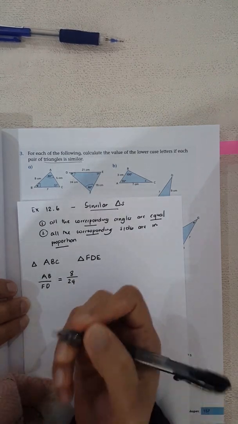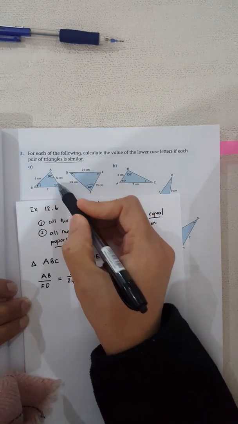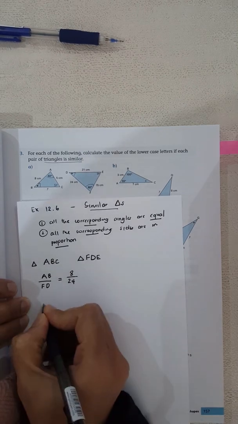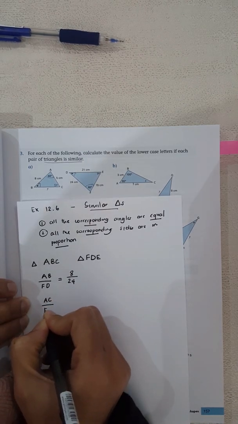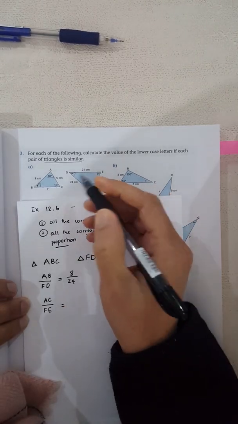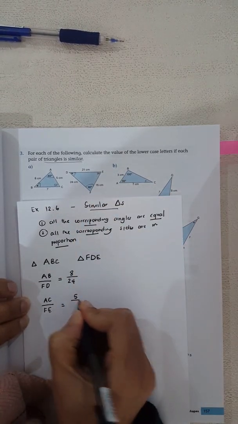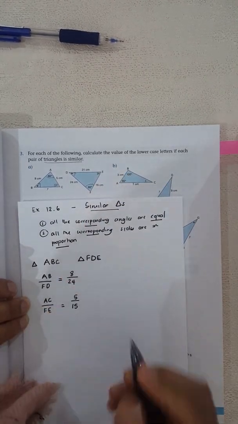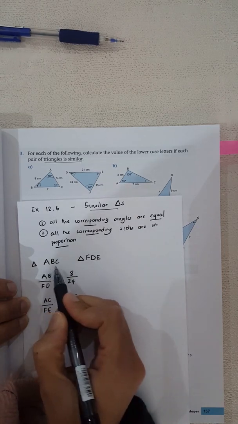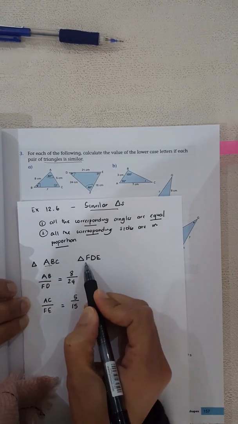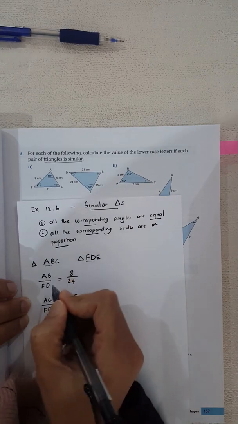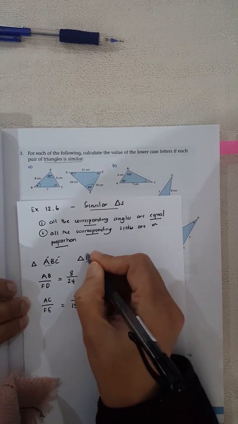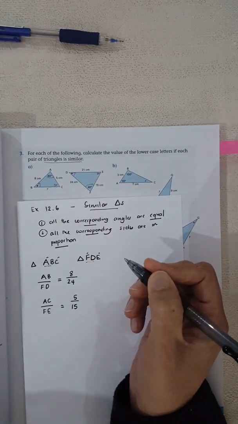Now we're taking another side that we have been given, AC. What is AC corresponding to? FE. So AC over FE. AC is 5 and FE is 15. Can you see how I've written it in order according to the names of the triangle? Corresponding sides: AB is corresponding to FD, and AC, here's A and here's C, is corresponding to FE. That's the important part.